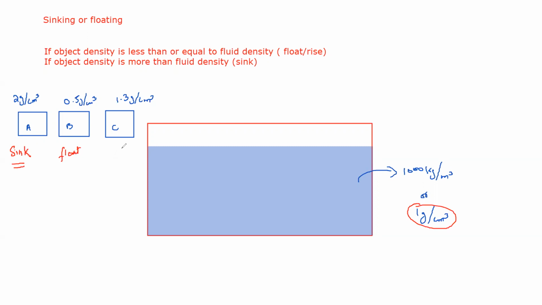Its density is also higher, so it will also sink. So object A and object C will be underwater, and object B will float on the surface. So basically, using density, we can identify floating and sinking of the object.